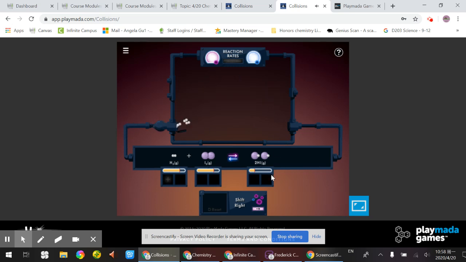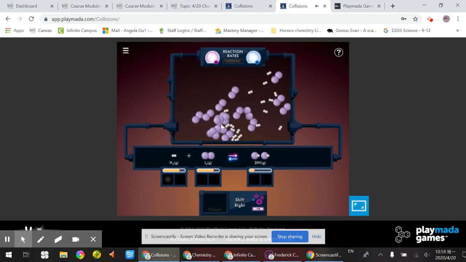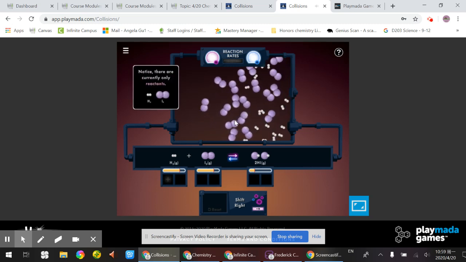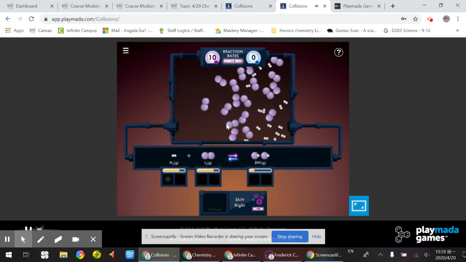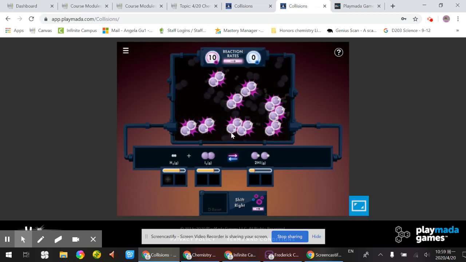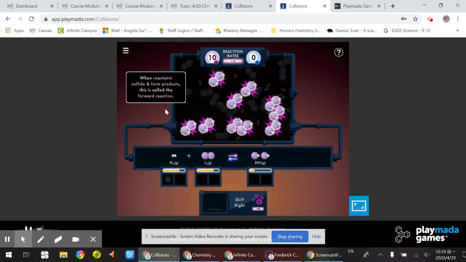You just have to follow all the instructions in here, and you know they react by colliding. So this will tell you what will happen if you add more reactants. I'm just going to make this faster, but you really should focus on each thing the game is telling you. The first 4 levels are very important to how you understand equilibrium.